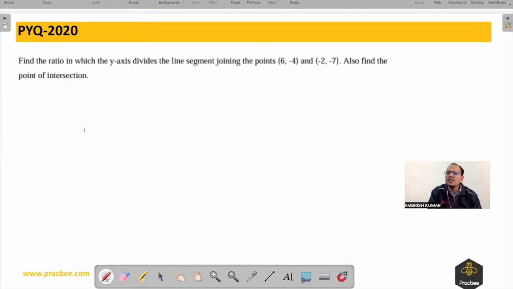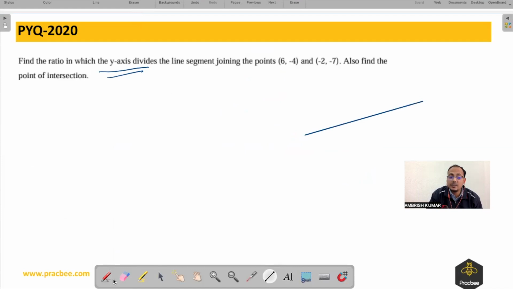Now, find the ratio in which the y-axis divides the line segment. A point on the y-axis is always going to be like 0, b, right? The x coordinate you always have to take as 0. So you can have this kind of figure.